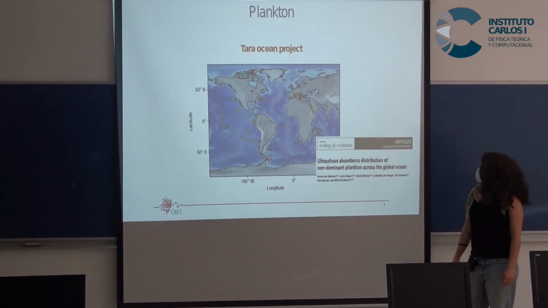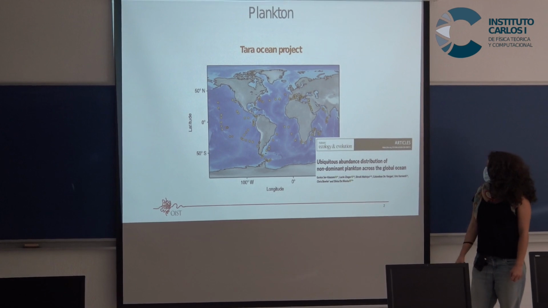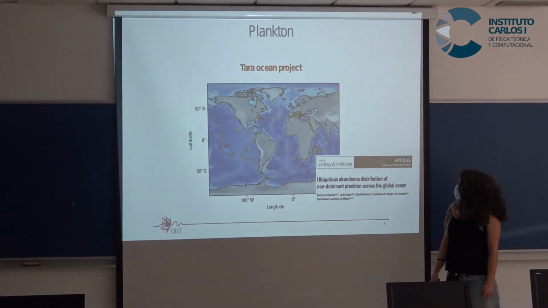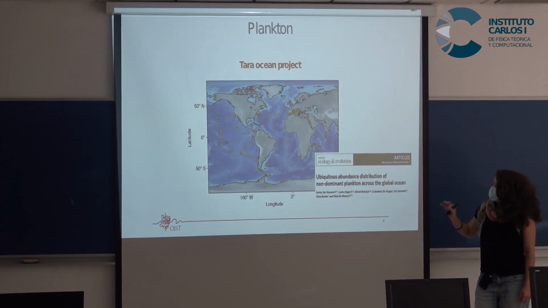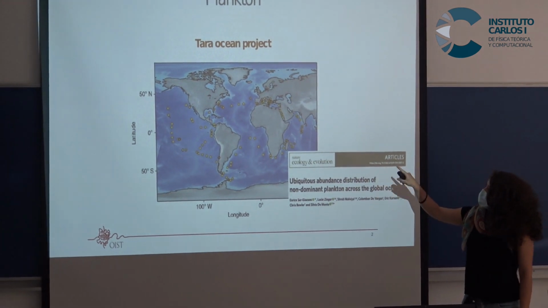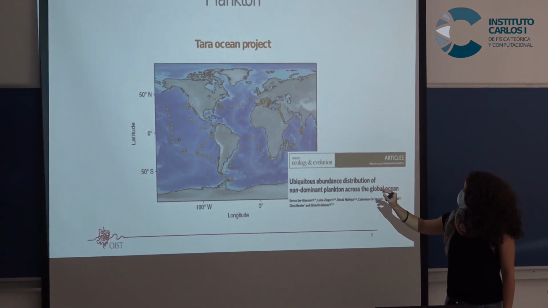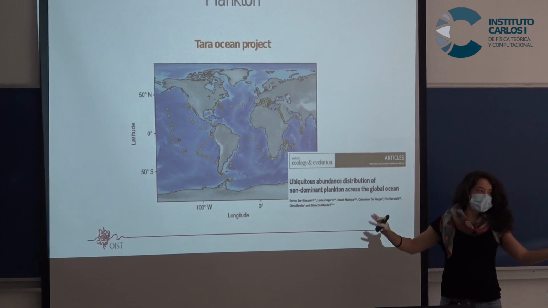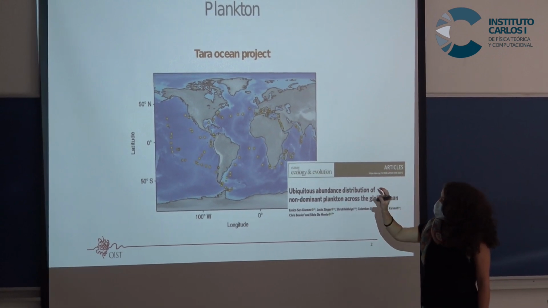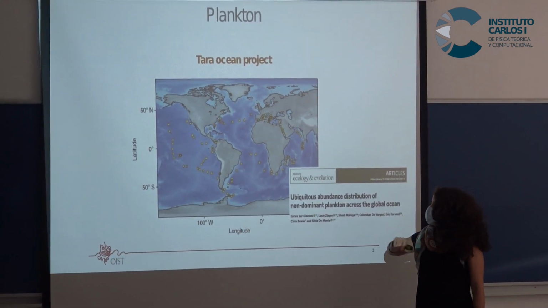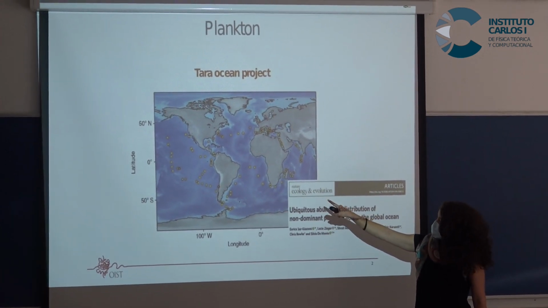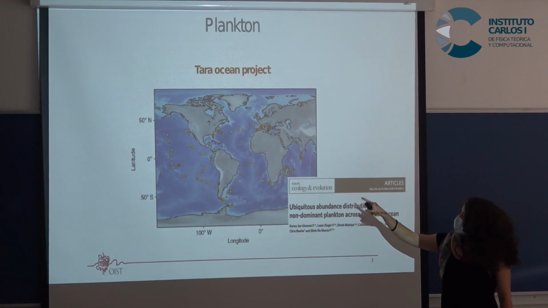The origin of this project is this paper here that was published in Nature Ecology and Evolution that basically analyzes the samples of the Tara Oceans project. That is a very huge project in which many research groups are taking samples from many, many points, as you see here, like these yellow points in the ocean.